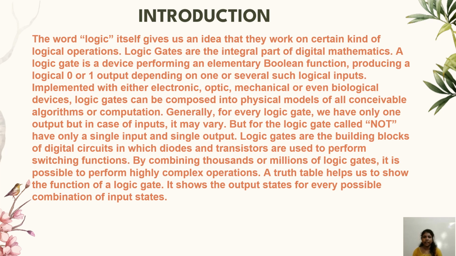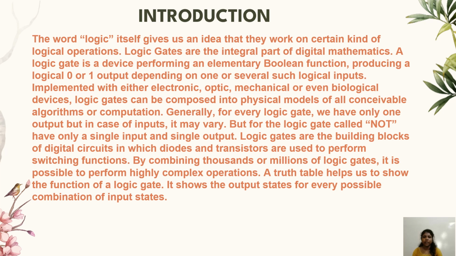Implemented with either electronic, optic, mechanical, or even biological devices, logic gates can be composed into physical models of all conceivable algorithms or computation. Generally, for every logic gate we have only one output, but the number of inputs may vary. But the logic gate called NOT has only a single input and a single output.